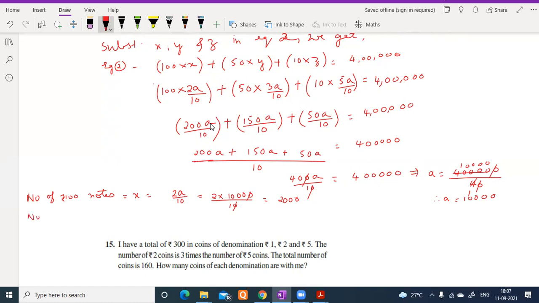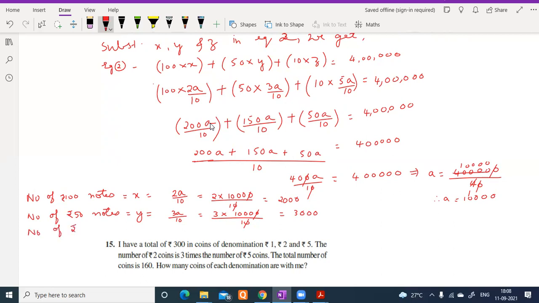Now let's go. Number of 50 rupee notes is equivalent to Y, which is 3A by 10, which is 3 into 10,000 divided by 10, which is 3,000. So the number of 50 rupee notes I am having currently in my pocket is 3,000.